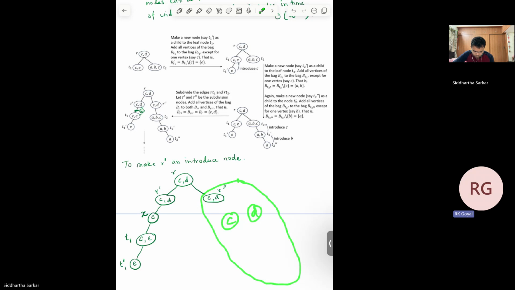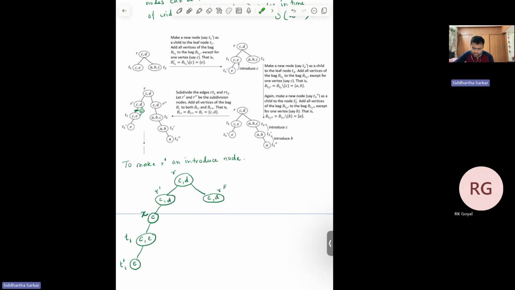Yes, so if I introduce C here, then I would be introducing D, but then below this, I need to forget something. But if I include D here, then I would be introducing C, but then what will I forget? So again, I think that introducing C is beneficial, but then after C, we'll have to include something more also, that includes A and B. Correct.